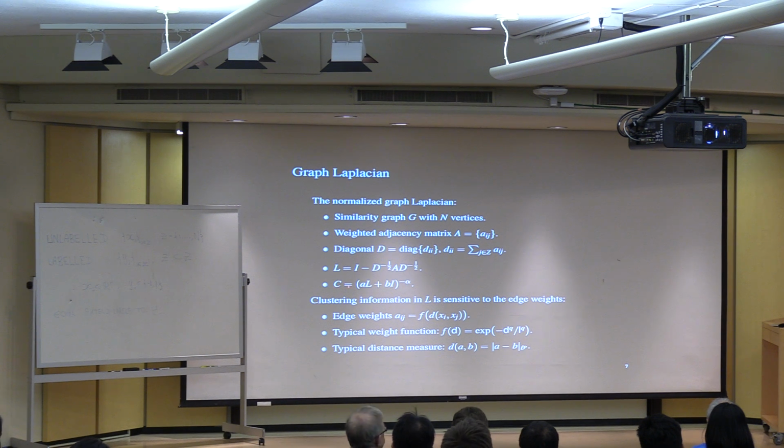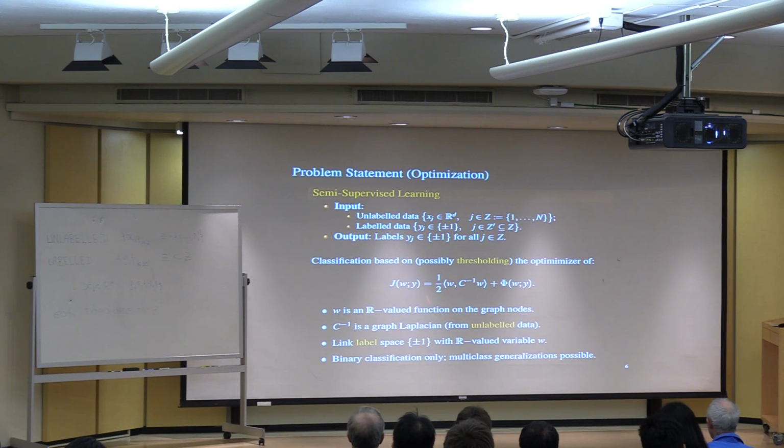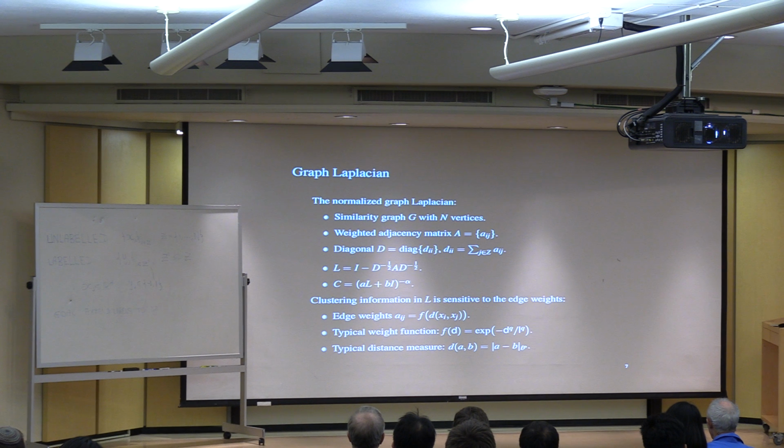Throughout the talk, C, whose inverse appears in the quadratic form in the optimization problem, will be of this form: a linear combination of the graph Laplacian and the identity raised to some power. I'll show you in a moment that the clustering information is very sensitive to the edge weights and how they're computed from the unlabeled data. That is not the thrust of this talk, but I do want to mention it because it's an important aspect of this problem area.